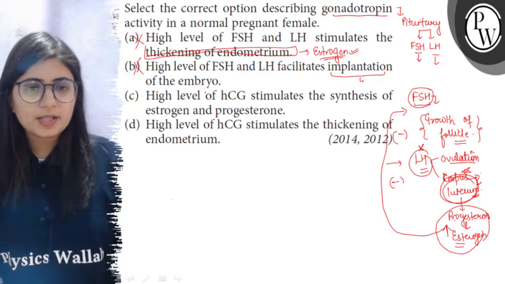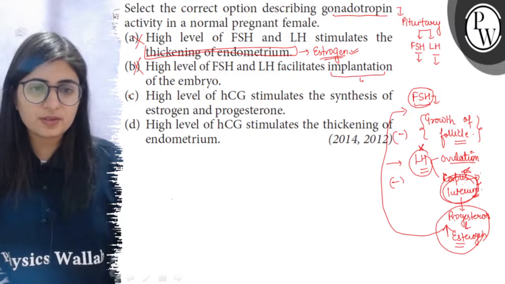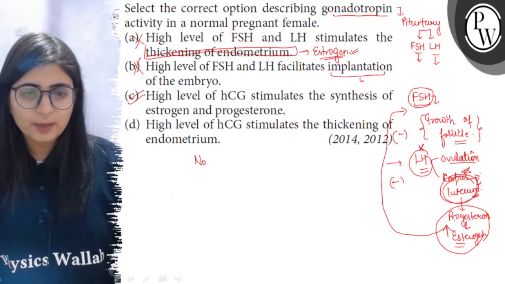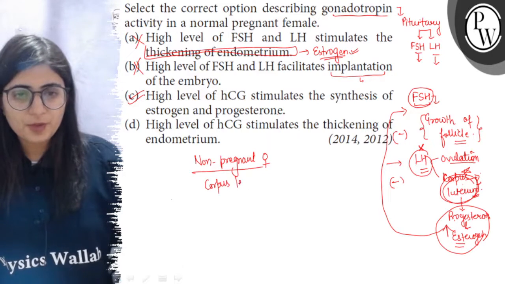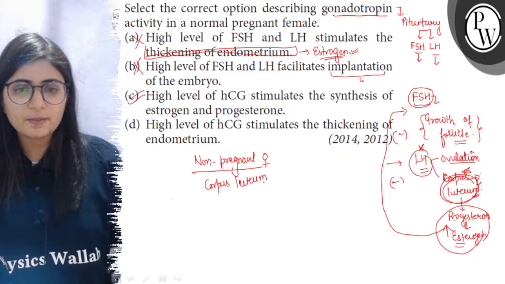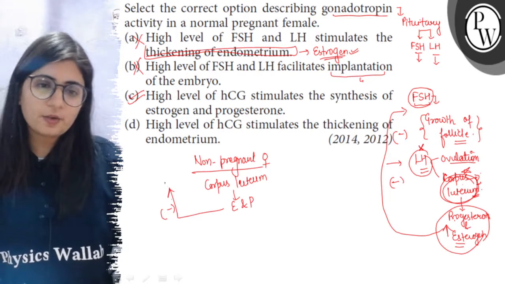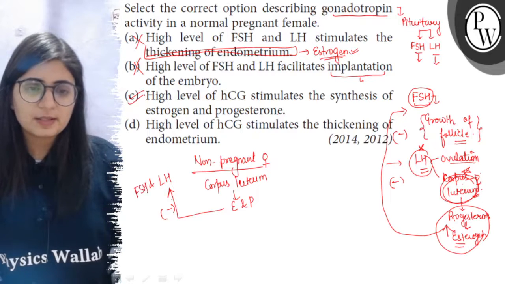Now the third option is high level of HCG stimulates the synthesis of estrogen and progesterone. This is true, because as I told you, in non-pregnant females the corpus luteum is formed during the luteal phase of the menstrual cycle. This corpus luteum secretes estrogen and progesterone, which in turn cause negative feedback control on the pituitary, and as a result LH and FSH levels fall.